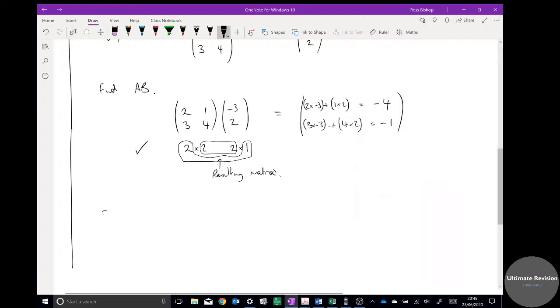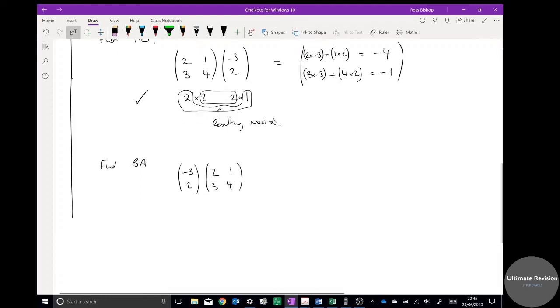Okay, so find BA. Well, you might think it's going to be exactly the same, but you would be wrong, because for BA, this dimension is 2 by 1, and that dimension is 2 by 2. These two are different, so no, it cannot be computed.